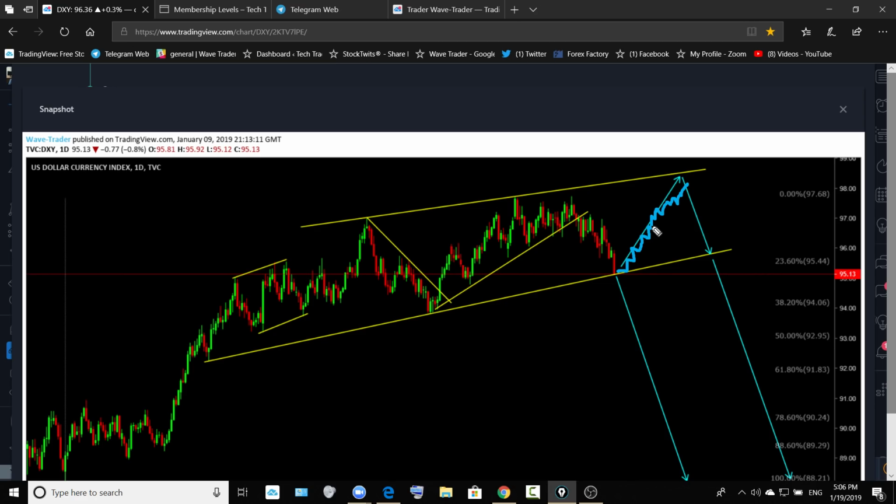We are not expecting that the dollar index is going to form a higher high within that channel, and we are going to see a drop after hitting the 618 or 50% retracement of that move.